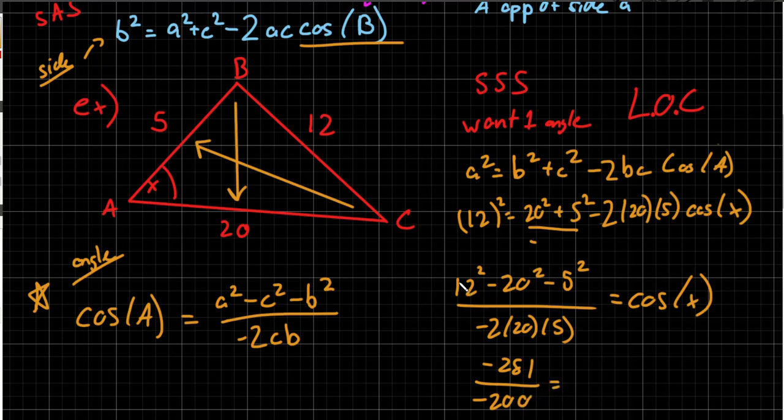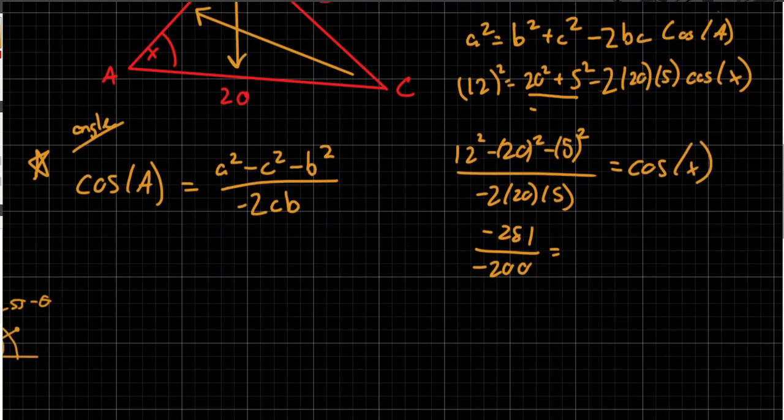So what is 12 squared minus 20 squared? I made them positive about the square. Oh, no, it's like this. Elijah. Negative 281 divided by 200. Yes.